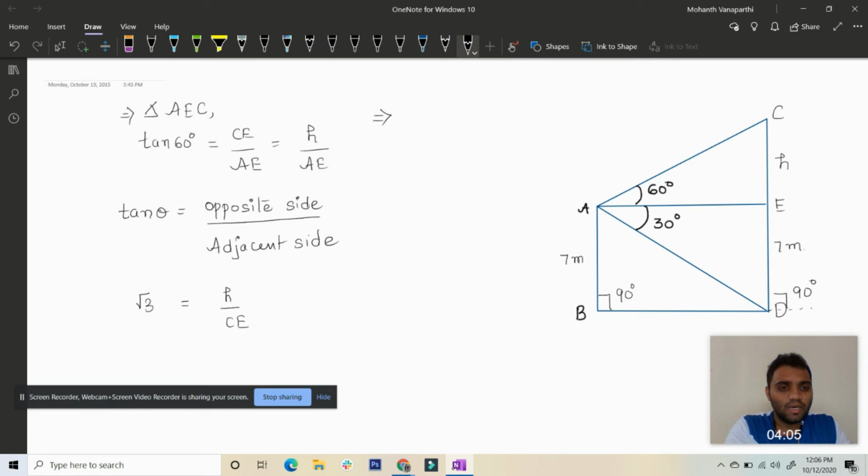Let us move to the triangle AED, because in triangle AED we know the length of ED.